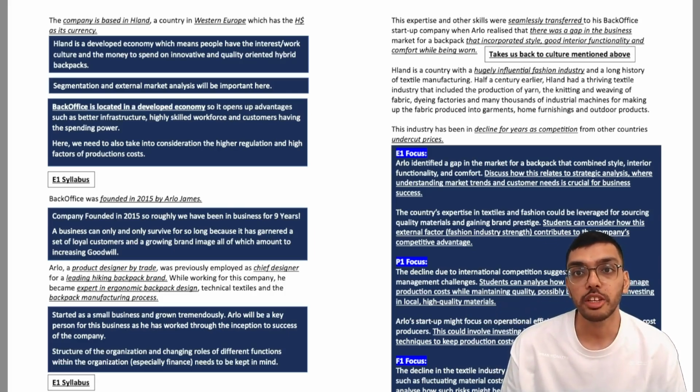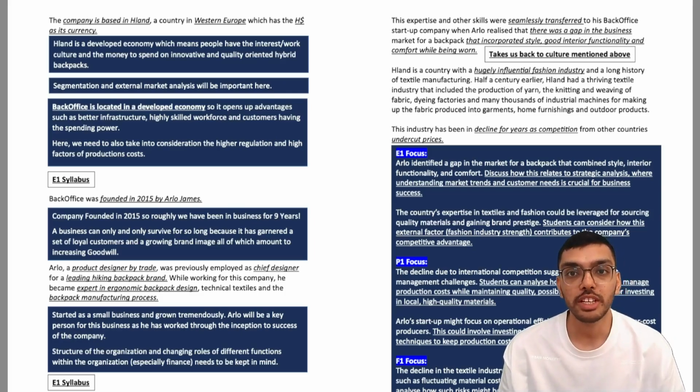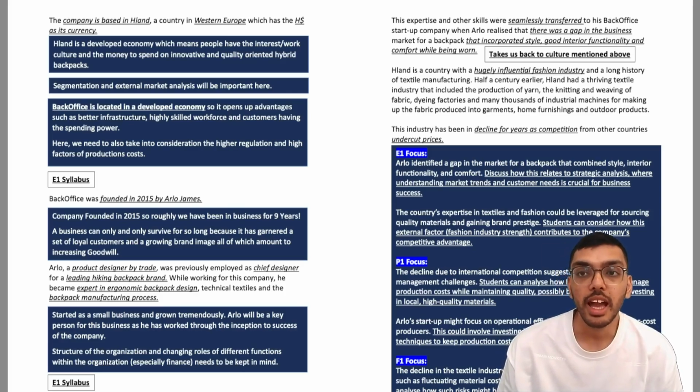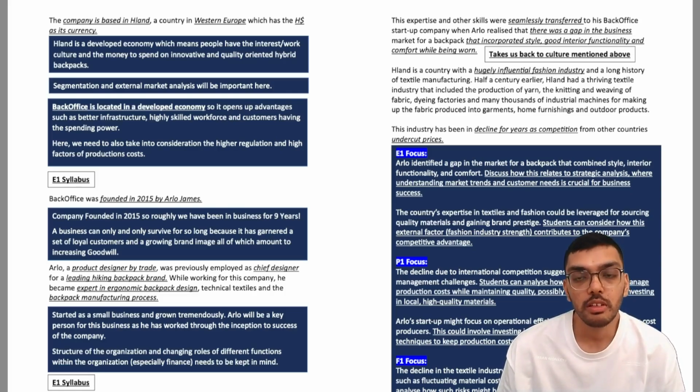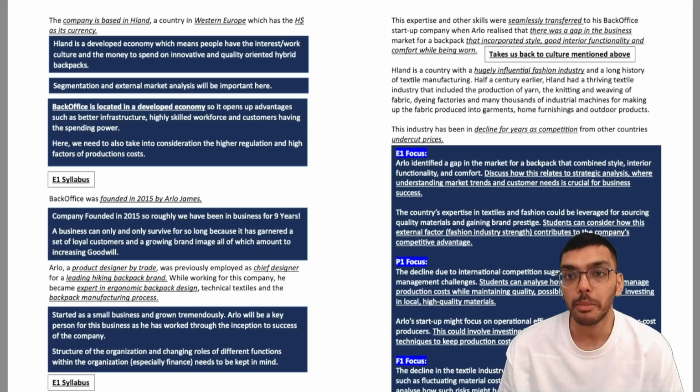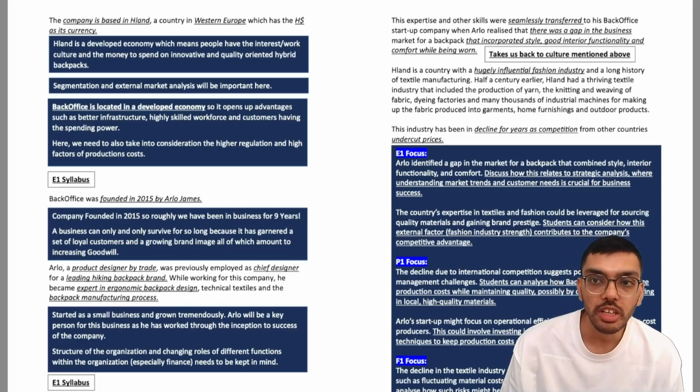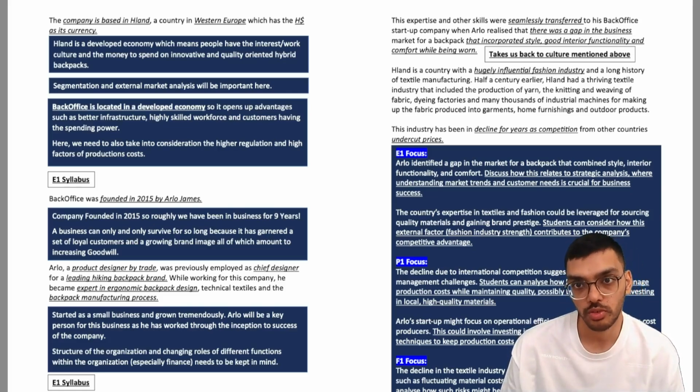Iceland is a country with a hugely influential fashion industry and a long history of textile manufacturing. Half a century earlier, Iceland had a thriving textile industry that included the production of yarn, the knitting and weaving of fabric, dyeing factories, and many thousands of industrial machines for making up the fabric produced into garments, home furnishings, and outdoor products.